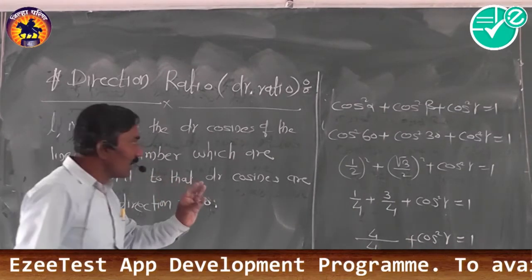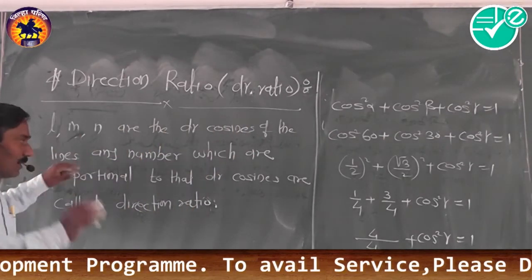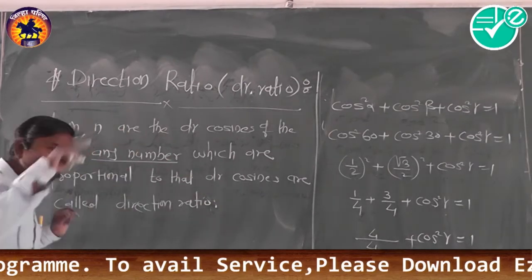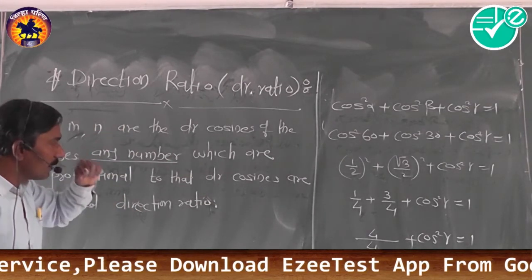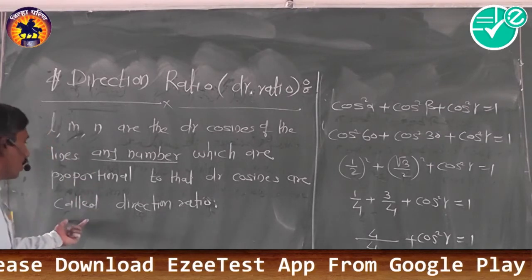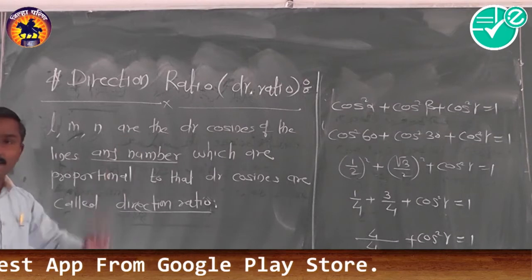Now, if L, M, N are direction cosines of the line, then any numbers which are proportional to L, M, N are called the direction ratios of that line.